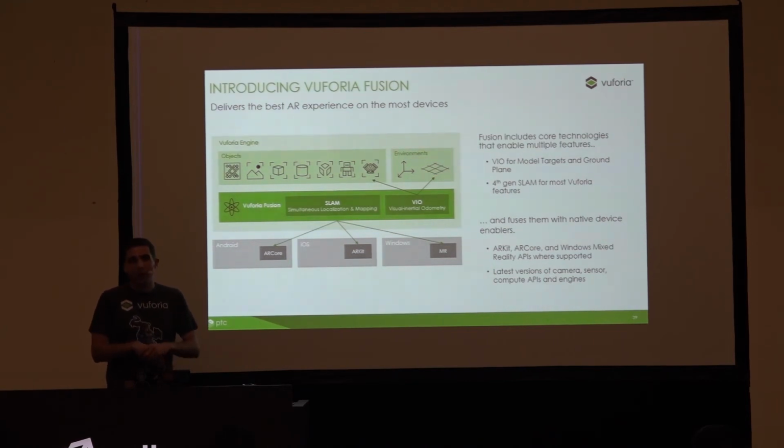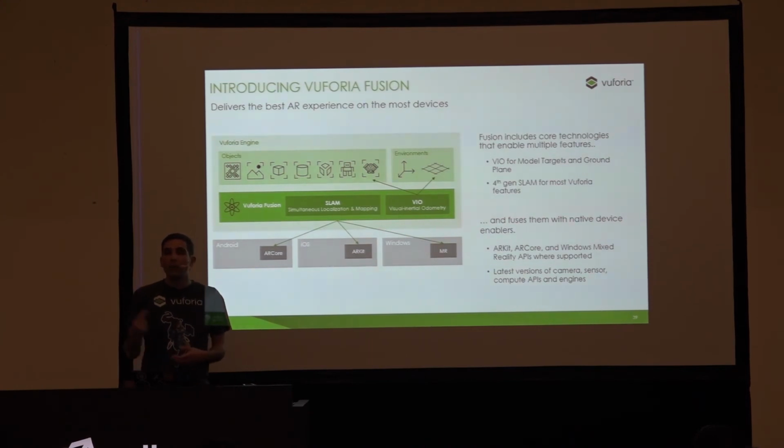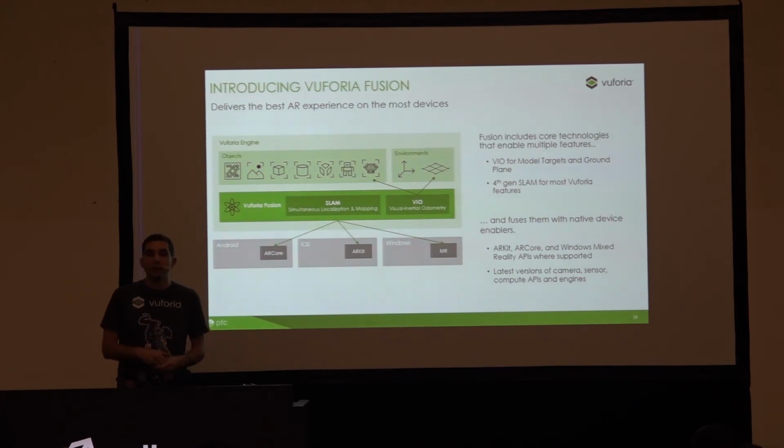Instead of just saying, hey, you're out of luck, we're going to leverage our own Ground Plane functionality, so the end user has the same experience as somebody with an iPhone X. The same applies for Google's ARCore, right? There are very few devices today that actually support ARCore. If you happen to have a Pixel or a Samsung Galaxy S8, then we'll leverage ARCore. But if it's not there, we're going to leverage Ground Plane for that same functionality.